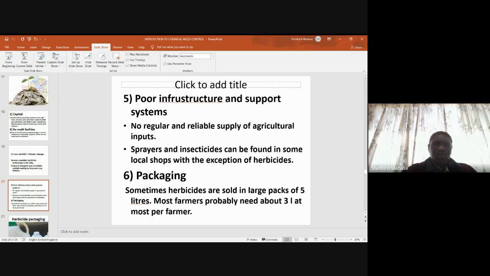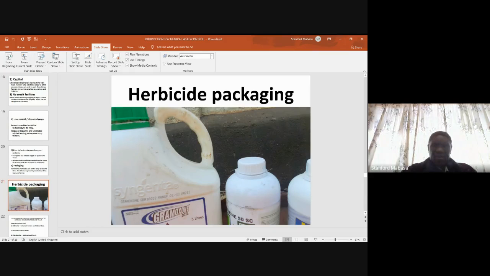And once you have packaging in big containers, it's prohibitive to purchase because it may require a lot of cash. So this is the herbicide packaging. Usually they are in 5 liters. You rarely get 1 liter or less.